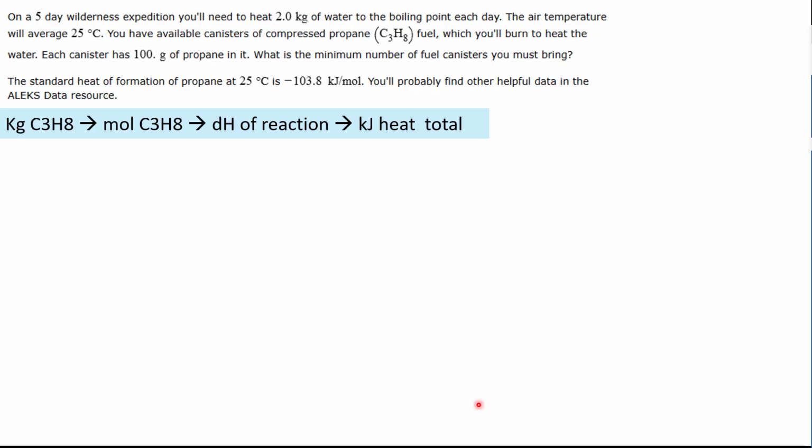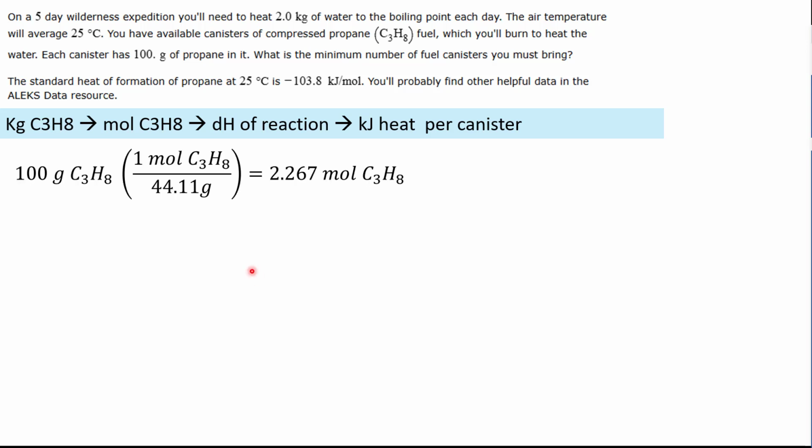All right, let's start with our kilojoules of heat total per canister. We know that each one has 100 grams. We know our molar mass, and so we can use this to find moles. Now, using this and ΔH, we can solve for our heat per canister.